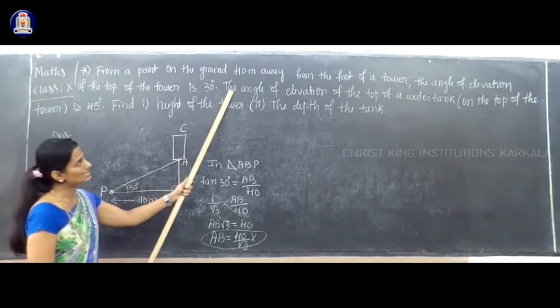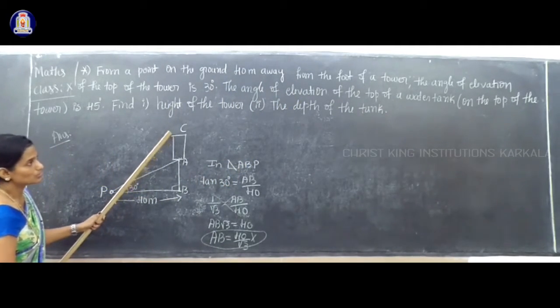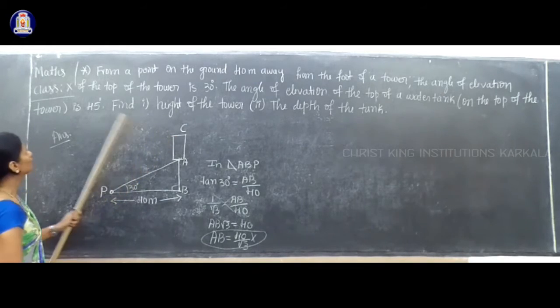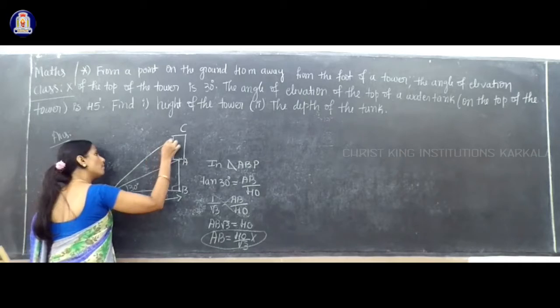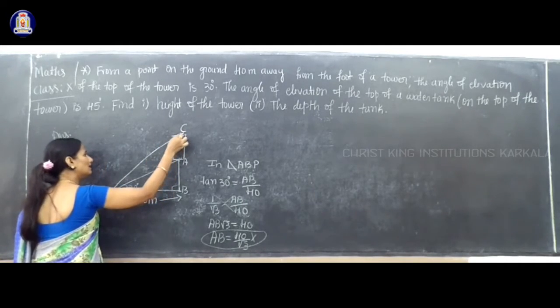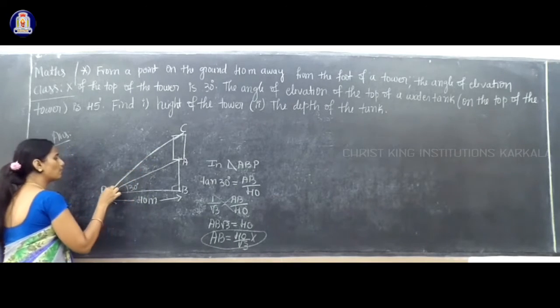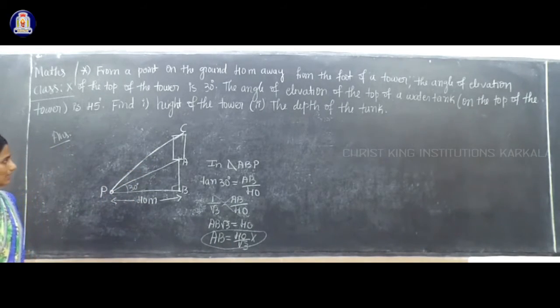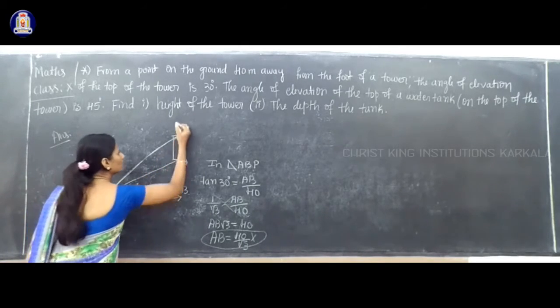Now the angle of elevation of the top of the water tank, from this point to the top of this water tank, is how much here? 45 degree. Yes. Now where to mark that 45 degree?